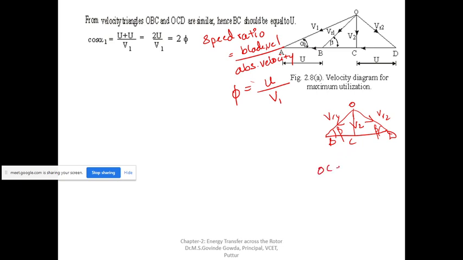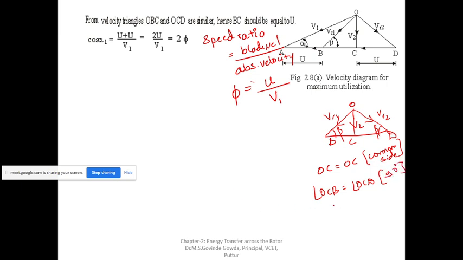For example, OC equal to OC, correct? Because it is a common side. Angle OCB is equal to angle OCD, because both are right angles.